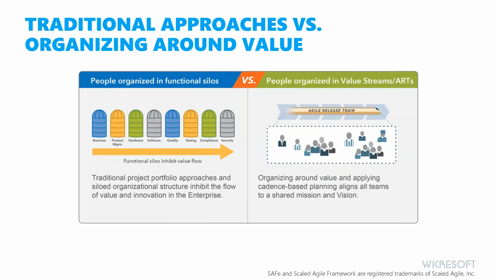Now, one thing that's important to point out is some people interpret this as, well, are you saying we have to redo our whole organizational structure and HR things? No, it is quite okay to maintain your hierarchy.